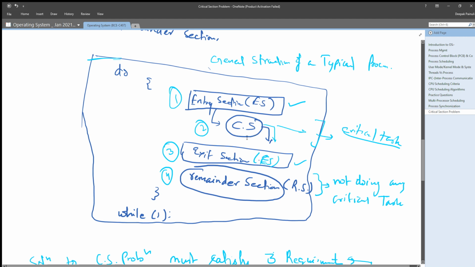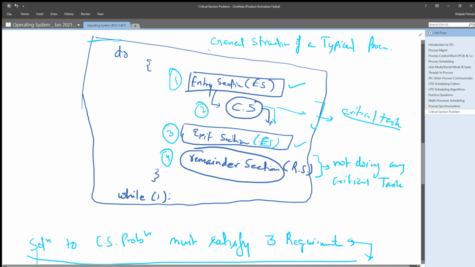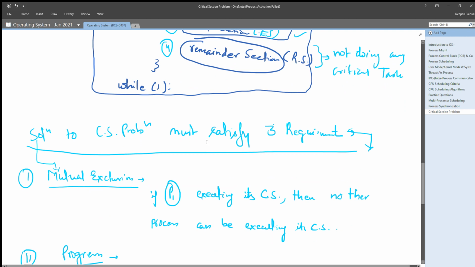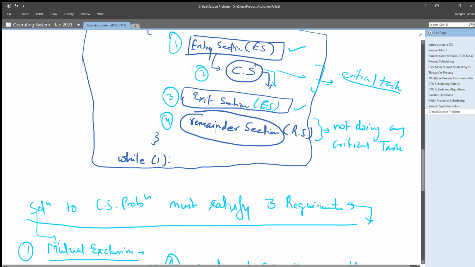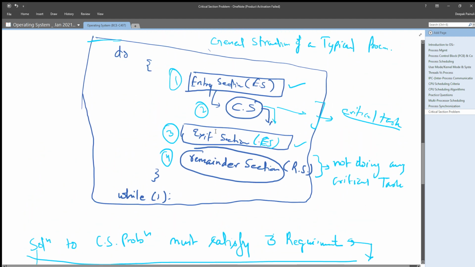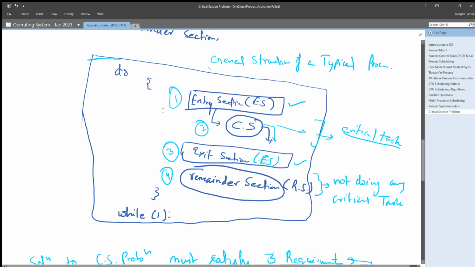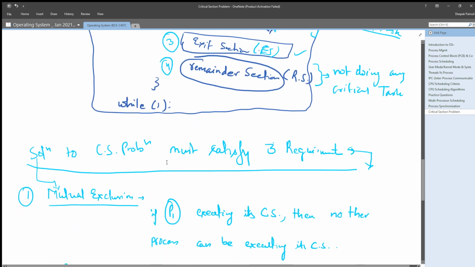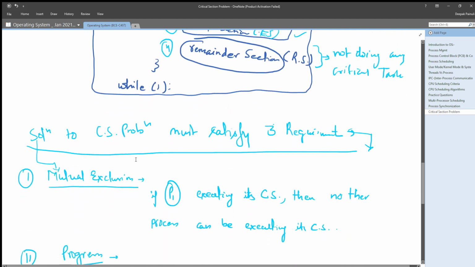That means it is doing some critical task on a variable, and once it has completed its critical section, it will ask for exiting the critical section, and after that it will execute its remainder section, right? For understanding future topics on process synchronization, this structure should be in your mind, right? So always remember it when we discuss the programs.